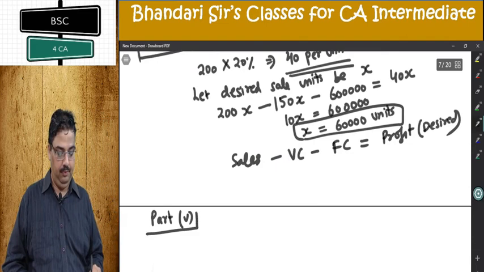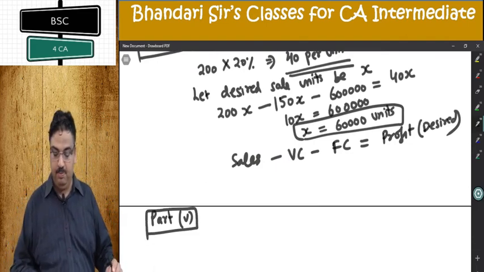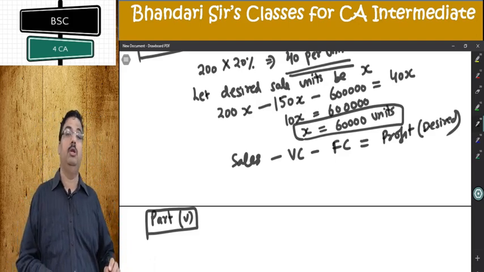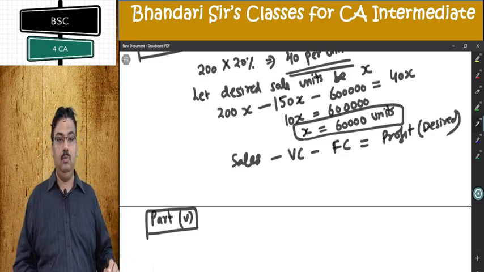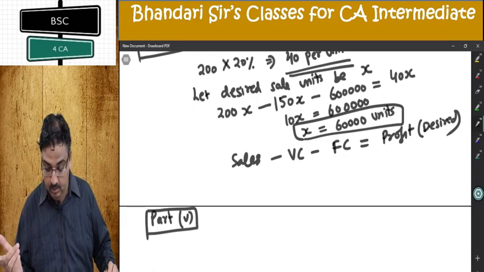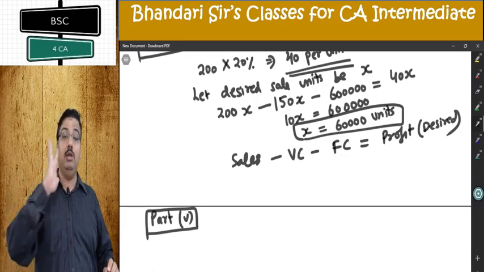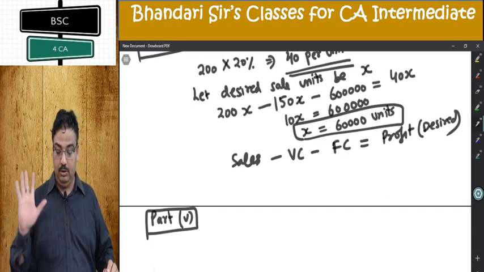Part 5. Selling price per unit if break-even point is to be brought down by 4,000 units. The words by and to are important to be read. By means the original break-even point which we computed at 12,000 units should be brought down by 4,000 units.